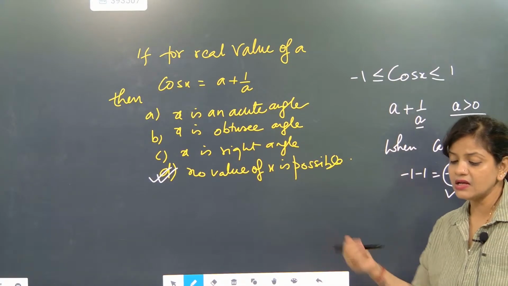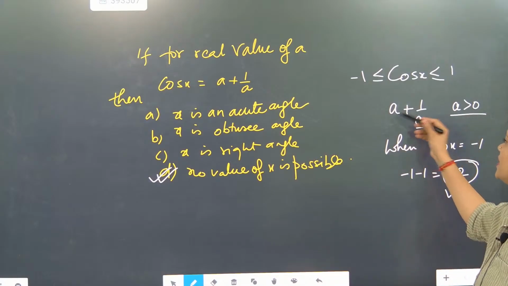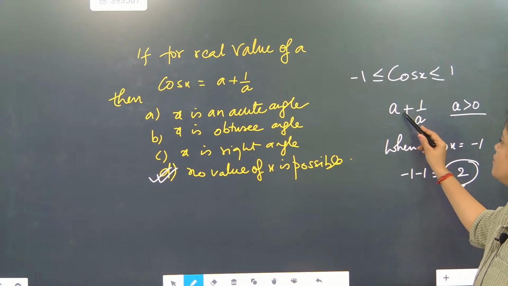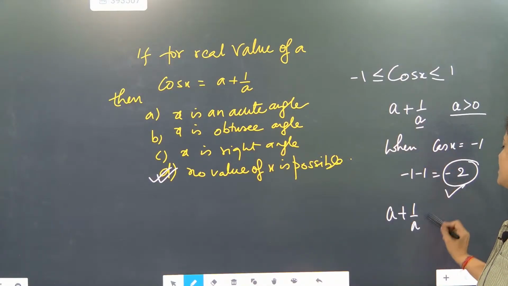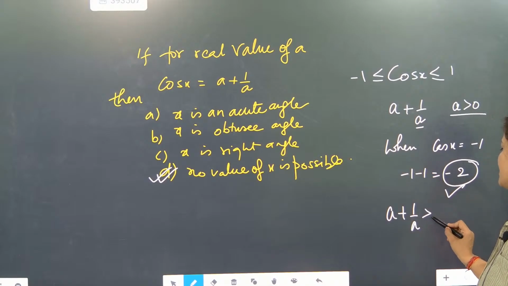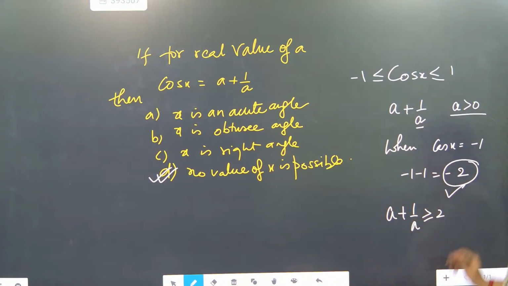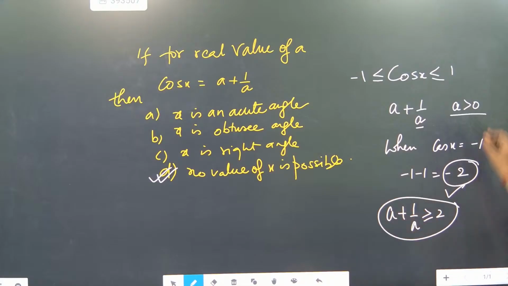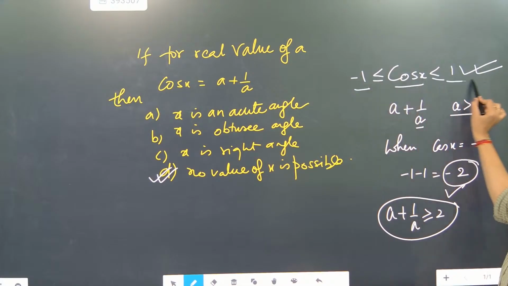For what angle x can you get -2? Not possible. And if you put 1, it comes as 2. That means a plus 1 by a is greater than or equal to 2 for any value. So this violates the rule that cos x lies between -1 and +1.